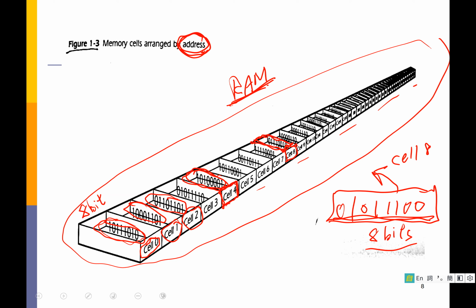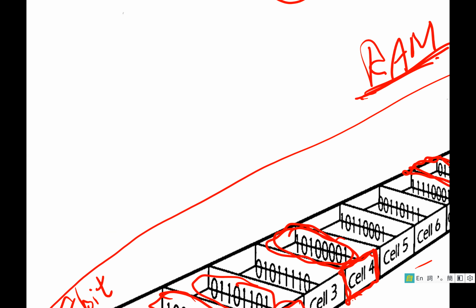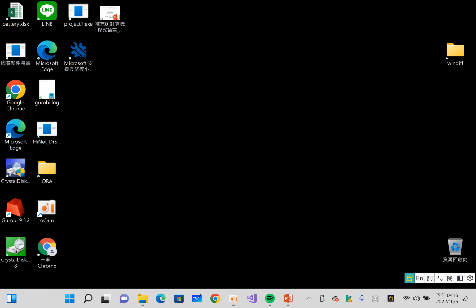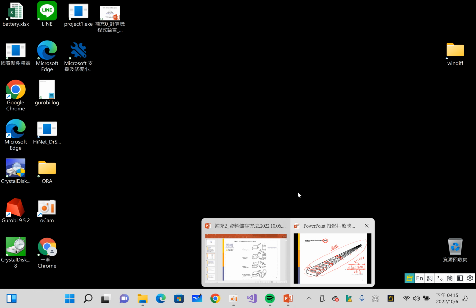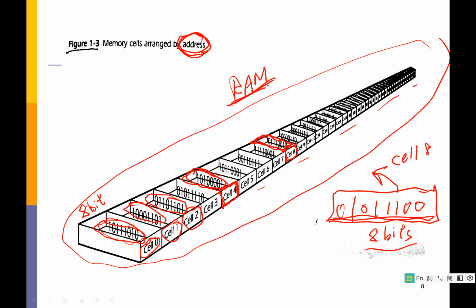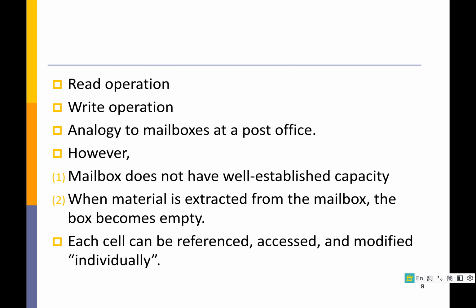When you try to find your friend's phone number, you can find it by looking at the contents of your cell phone. Okay, so this is an important concept that you should have.